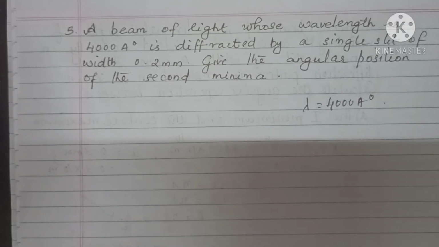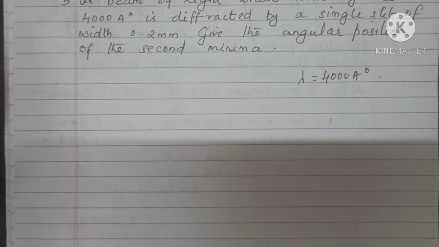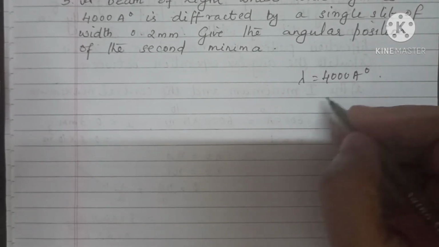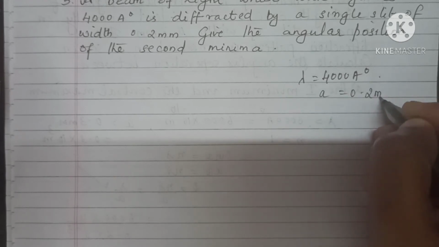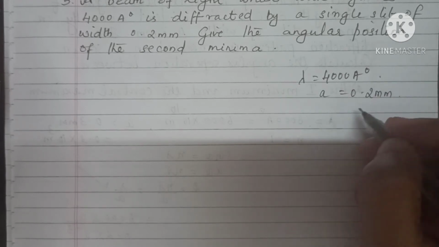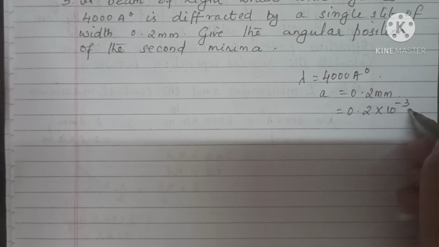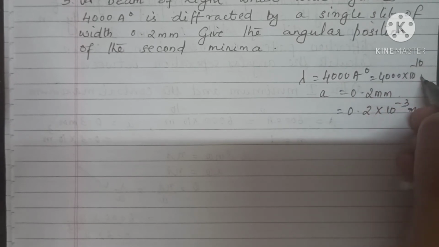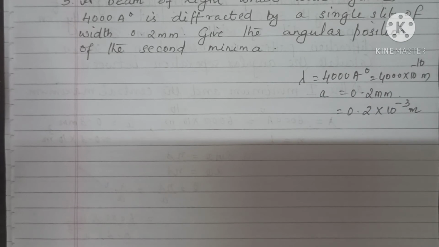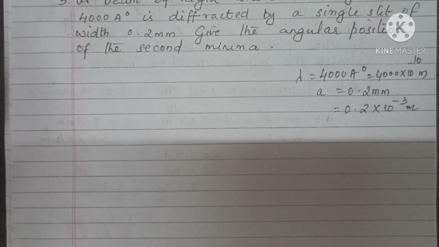It is diffracted by a single slit of width 0.2 millimeters, that is, the width A is 0.2 millimeters, which can be converted to 0.2 into 10 raised to minus 3 meters. Also this is 4000 into 10 power minus 10 meter.